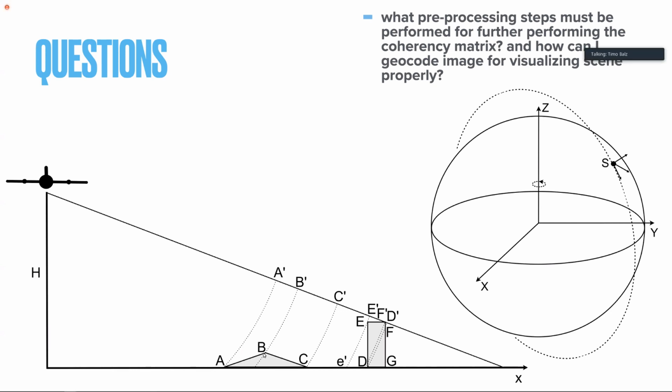The atmosphere is not really distorting our image geometry very much. We have some delay, and in case of very strong weather effects, you may have some areas we can't really see, but the geometry is still not strongly delayed, which is different from optical remote sensing.